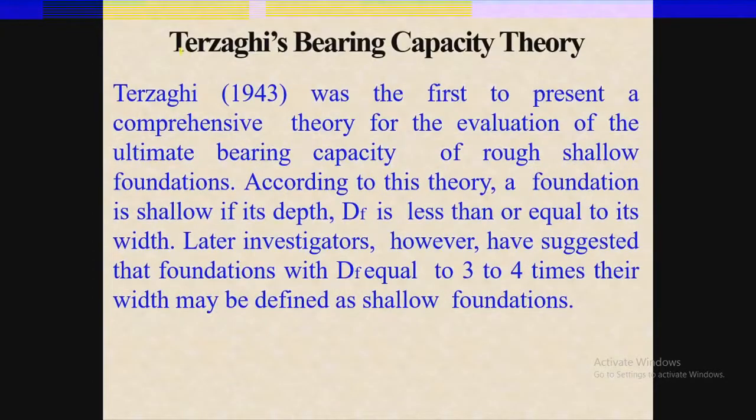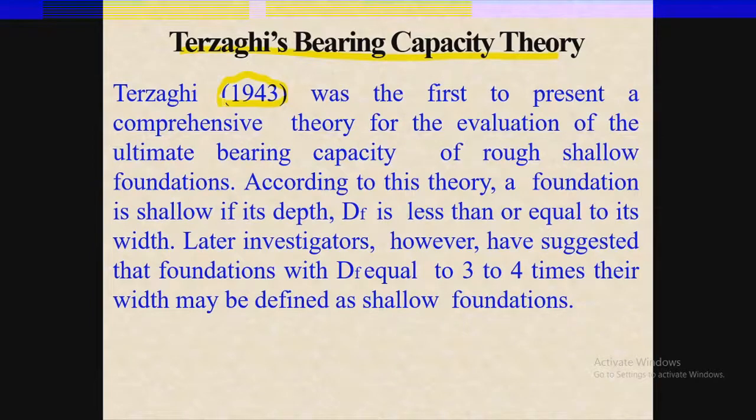Now let us discuss the first method, which is known as the Terzaghi Bearing Capacity method or Terzaghi Bearing Capacity Theory. Terzaghi was the first person who in 1943 gave us an equation, a theory for the determination of the ultimate bearing capacity for shallow foundations.